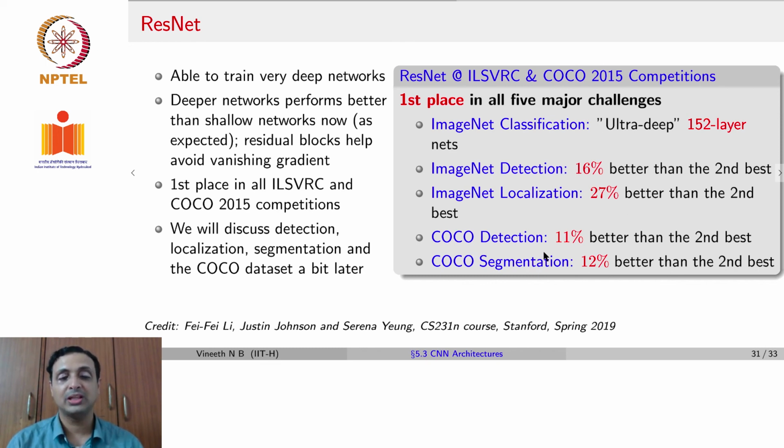COCO detection, where they were 11% better than the second best. COCO segmentation, where they were 12% better than the second best. We will discuss detection, localization, segmentation, and the COCO dataset a bit later, but just to let you know that this model swept through all challenges in 2015 and has since then been an important architecture that people use for various applications in computer vision.